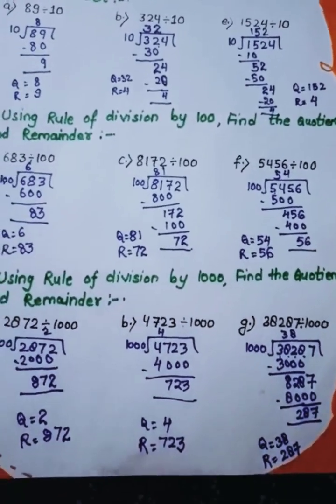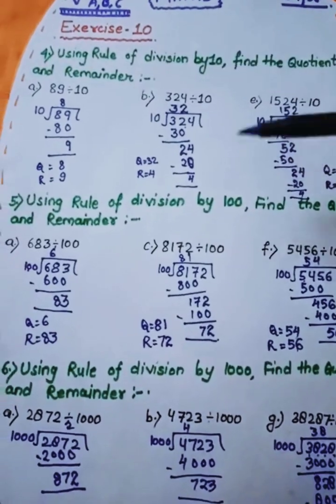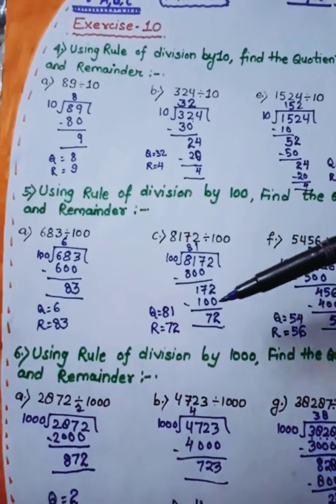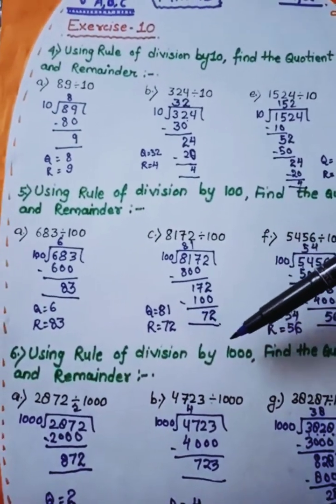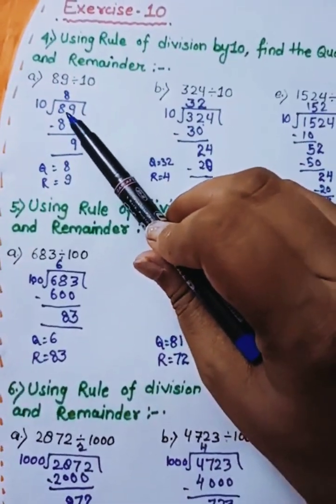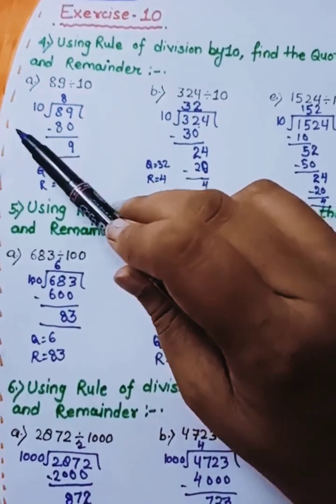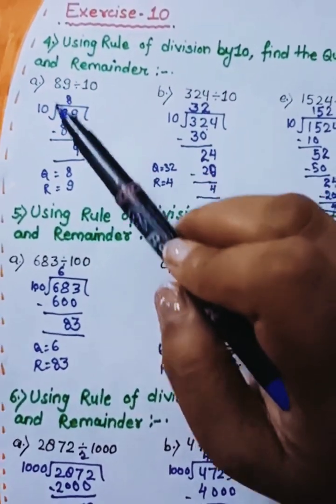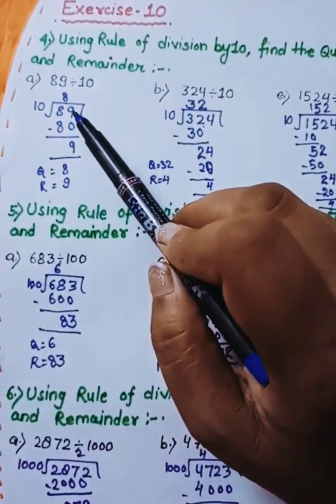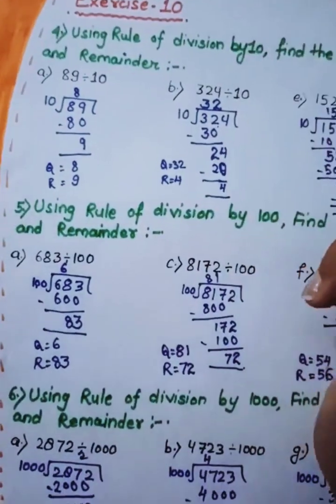So this is how we have done division by 10, division by 100 and division by 1000. And now you all can see that in division by 10, only the tens part, or if we have hundreds place also, those digits will be placed in the quotient part, and the ones place digit will always be there in the remainder.